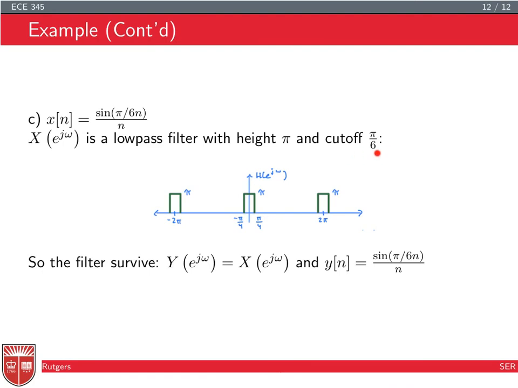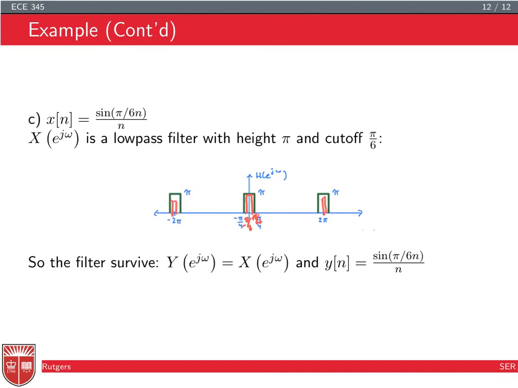The cutoff is pi by 6, and your system has cutoff frequency pi by 4. In the frequency domain, this is going to look something like so. Again, this is pi by 6 here, so it's all within your filter.